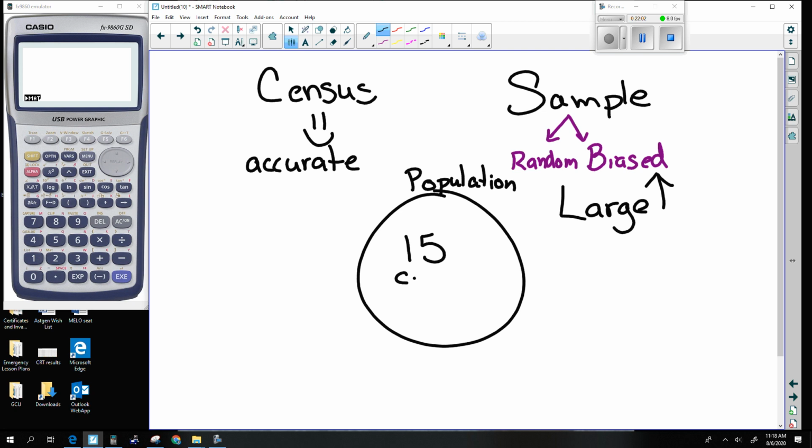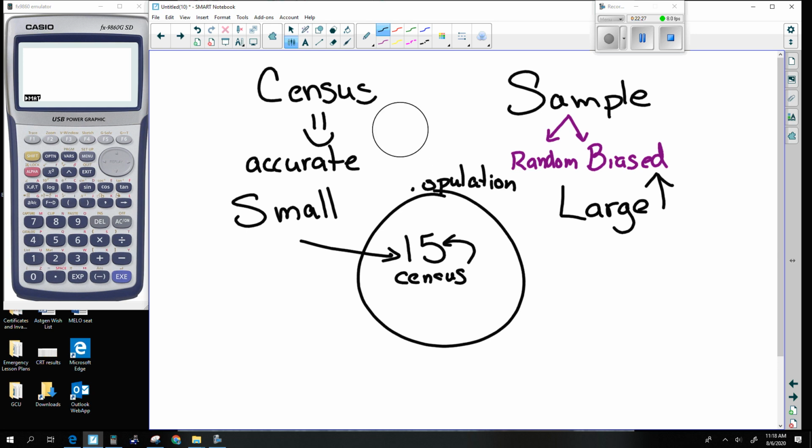I would take a census in that situation, because I will get the most accurate results, and I can ask 15 people that question. So I'm not sacrificing accuracy, because that is a manageable size. So when the population is relatively small, then you can go ahead and take a census.